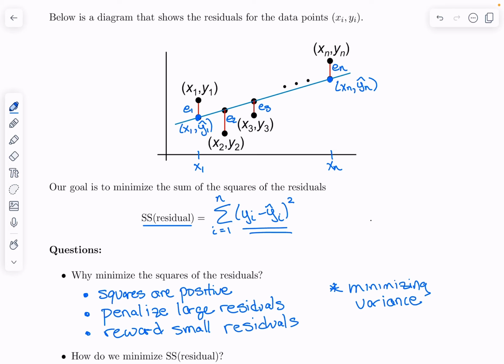That's what we were using when we made that variance calculation. And so if this sum was divided by n minus 1, that would essentially be the variance, right? Well, if that's the variance, then this line that you see here actually represents the mean.